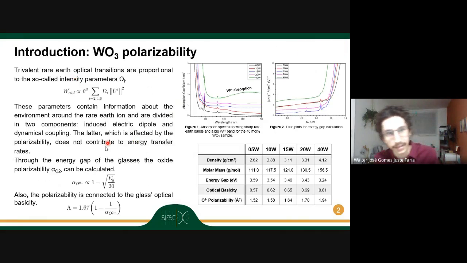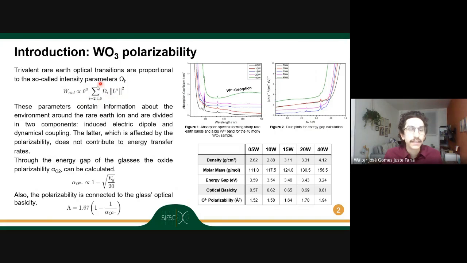So what are these mechanisms? Okay, so this is the transition rate in an intensity in a rare earth transition, right? So there is the wave number. There is the matrix element that connects the initial level to the final level of the transition. This only depends on the levels.